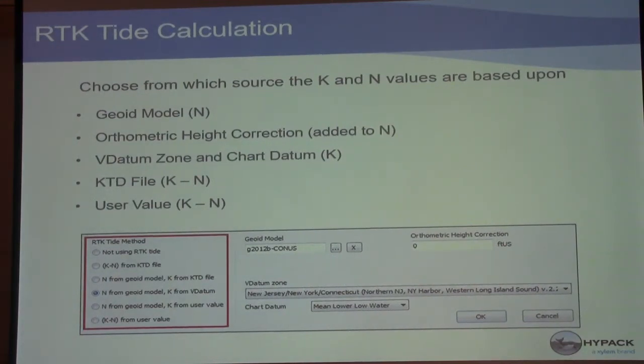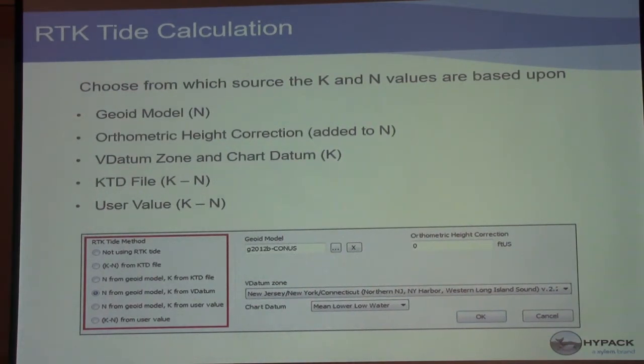And one cool thing that we've done in HYPACK over the past few years is be able to recalculate RTK in position based on your geodesy settings. So if you go out in the field and you collect a whole bunch of data, and realize you used Geoid 2012, they have the new Geoid model out. Was it 2018?